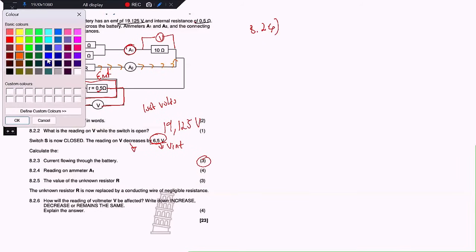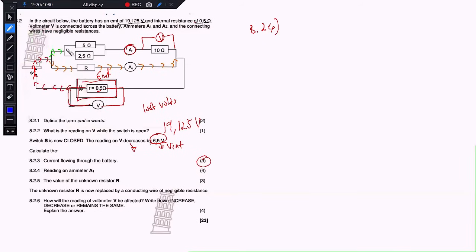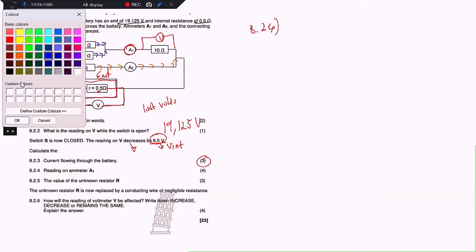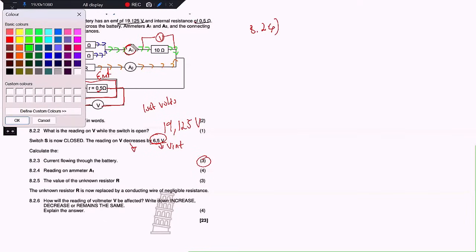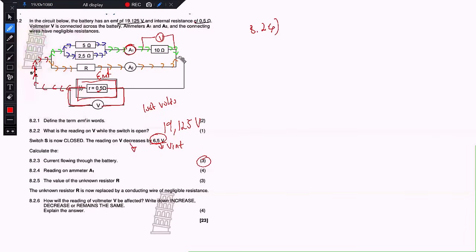But within that parallel branch, there is still yet another parallel branch, which is now dividing this current here. Then the current now goes like that. So note the color scheme strategy there: where you see the same color, that means they share the same current.